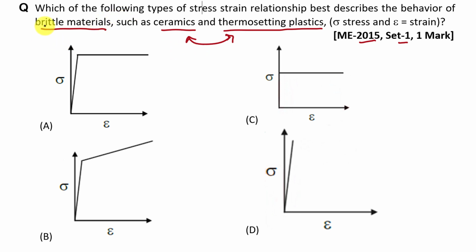Now understand that the toughness of brittle materials is less and the toughness of ductile material is high. Means we can also say that the area under the stress-strain curve will be larger for ductile material and less for brittle material. From these 4 options we can say that the area under the stress-strain curve will be less in this option D. Right? Area under the stress-strain curve means this area.